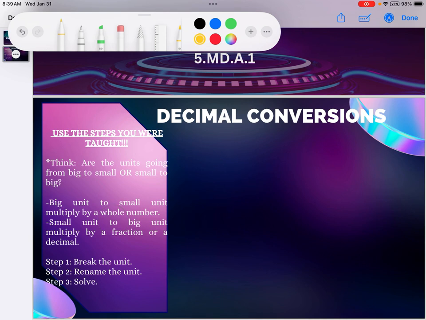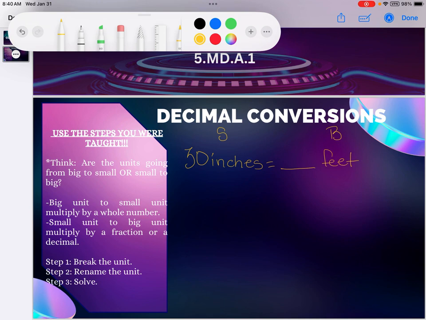Now, with the standard form, we're not going to be able to multiply by a decimal because they're not all focused on 10, 100, and 1,000. So if I have 30 times 1 inch, I have to think 1 inch is the same thing as 1/12 of a foot. So in this case, I'm using fractions.